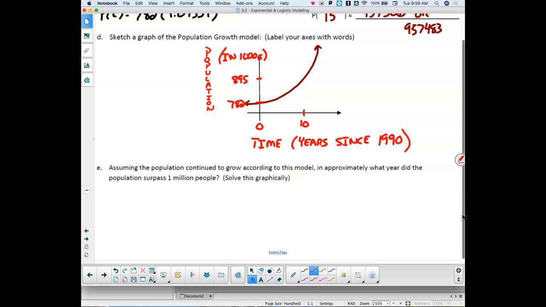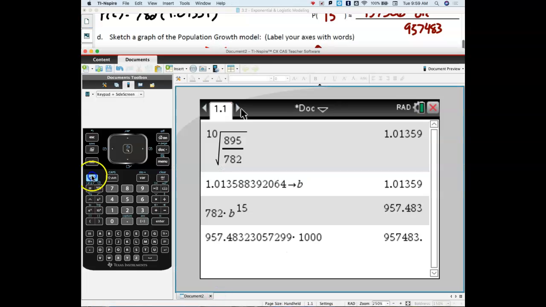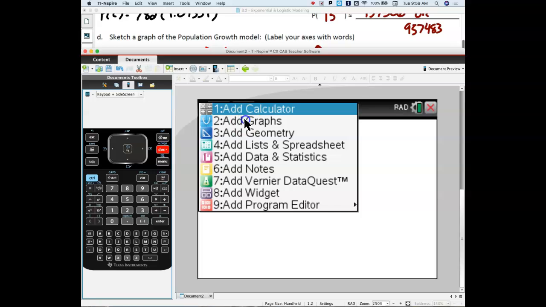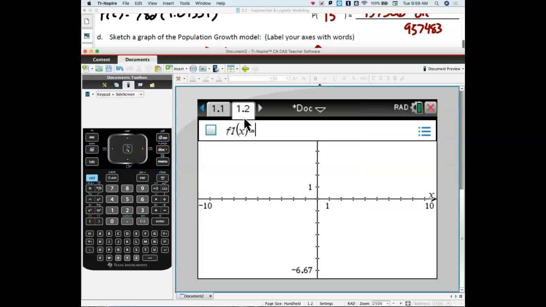Probably too young to even know what Austin Powers is. Yeah. Levels here. So how am I going to do that? So I'm gonna make myself a graph first. What's my graph going to be?